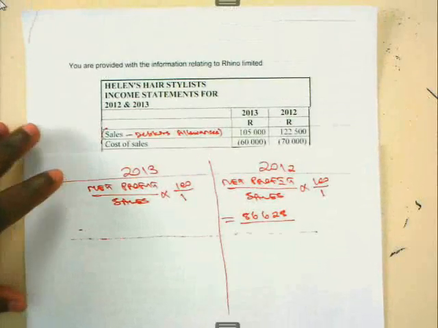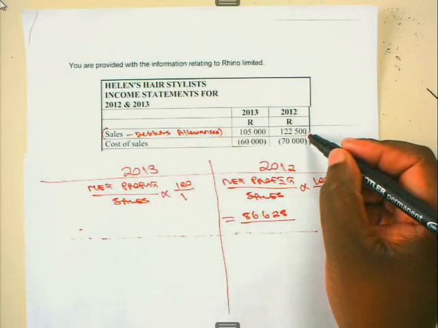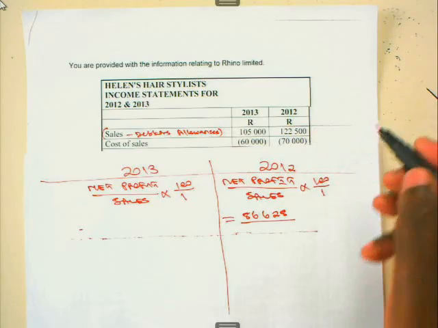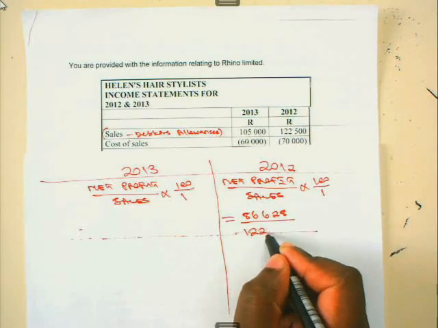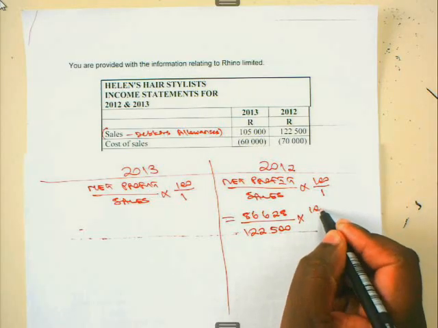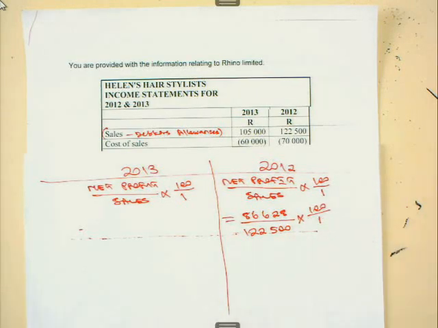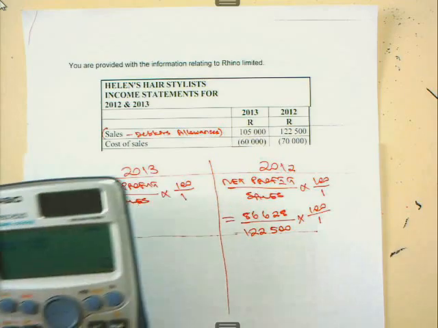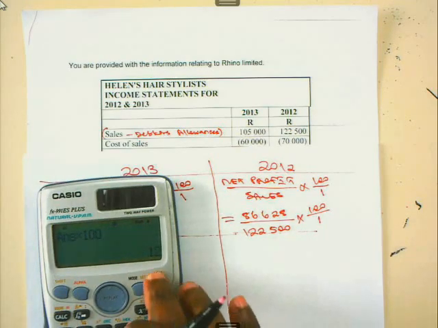We are using the 2012 information for now. That is 122,500. You multiply that by 100 over 1. Let us calculate it.